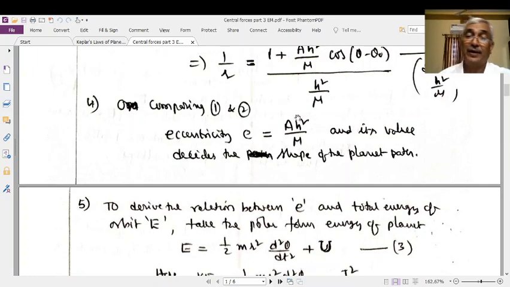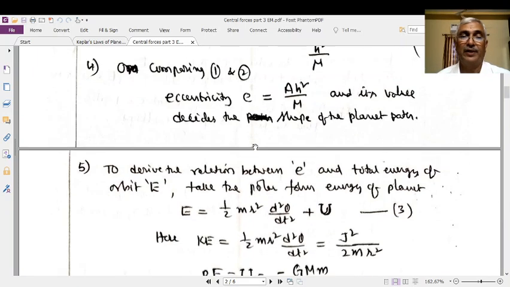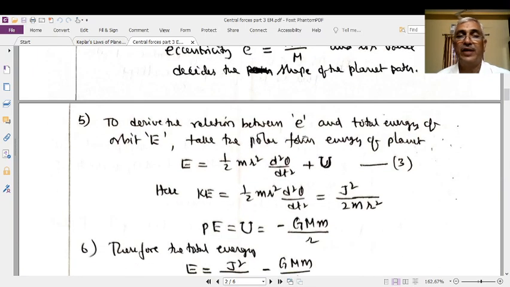It means that we got the eccentricity value, but this is not sufficient. It should be in known terms, then only will we have an idea about the e value. Now, in order to derive the e value, let us take the total energy of the planet.